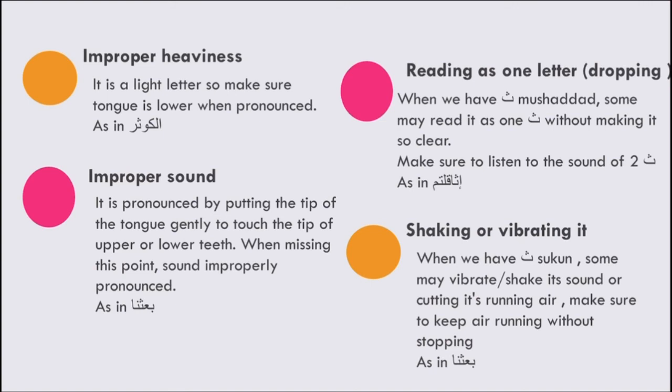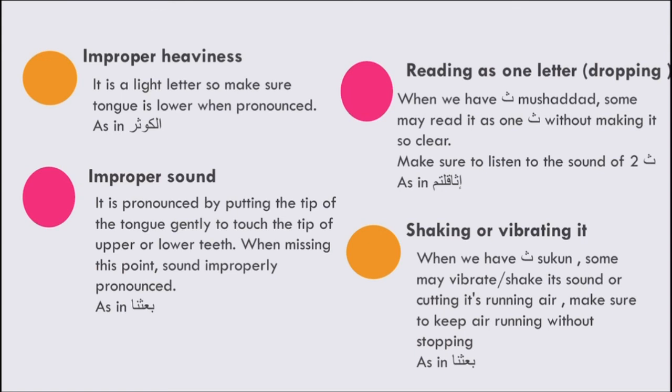And the last mistake that we may have is shaking the sound of a Tha, vibrating it, or cutting the sound of a Tha. When we have a Tha sukoon, we have other mistakes. Number one is shaking it, vibrating it, like ba'ath-na.